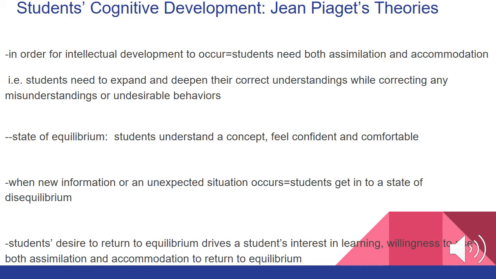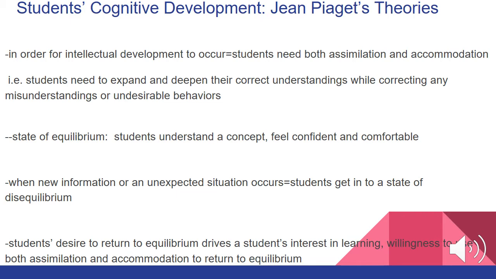However, when they have incorrect schema or incorrect behavior, they hope to replace that incorrect behavior and accommodate it with new information that is correct. Eventually, if they keep on focusing on that correct new information, that becomes their new schema.